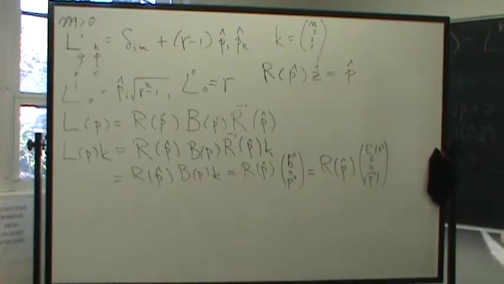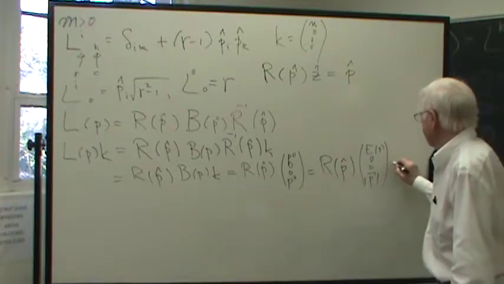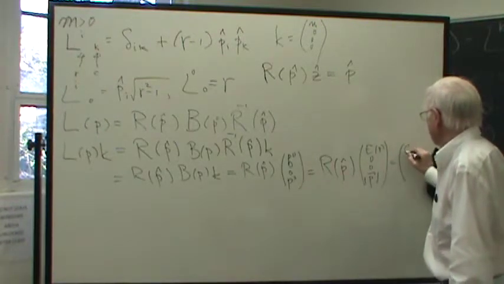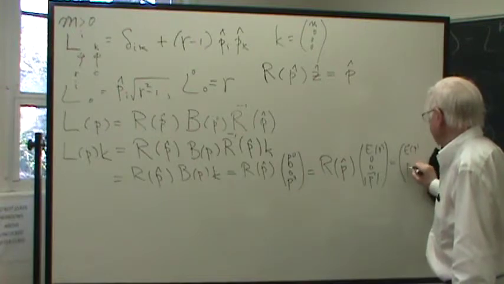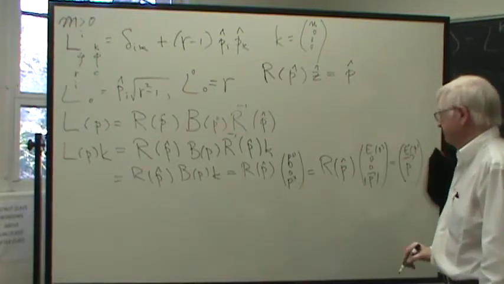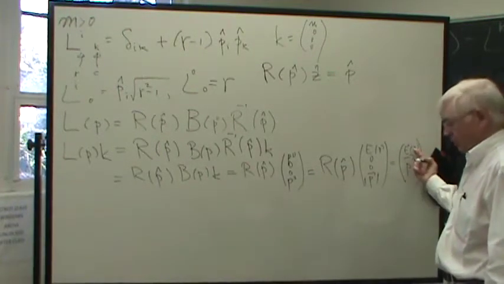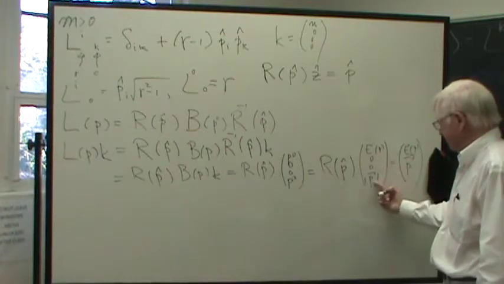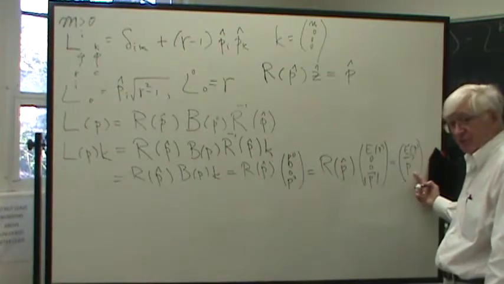And so what we get finally is E of P and then the vector P. So R leaves the 0 component invariant, just rotates the 3 vector into the vector P.